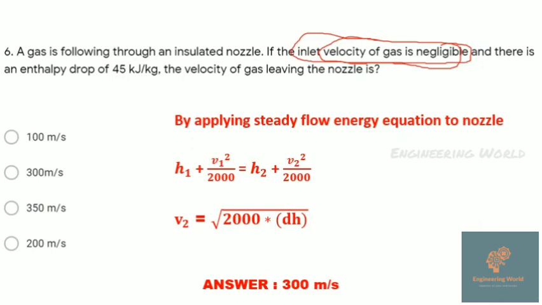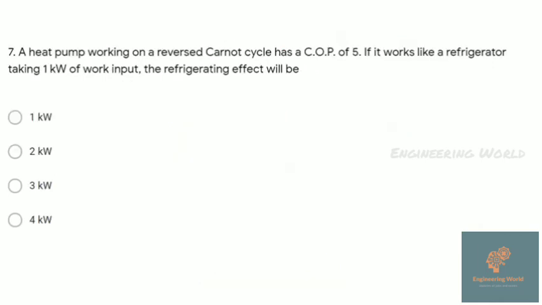Then the next question. A heat pump working on a reversed Carnot cycle has a COP of 5. If it works like a refrigerator taking 1 kilowatt of work input, the refrigerating effect will be? We know that COP of refrigerator is equal to COP of heat pump minus 1.